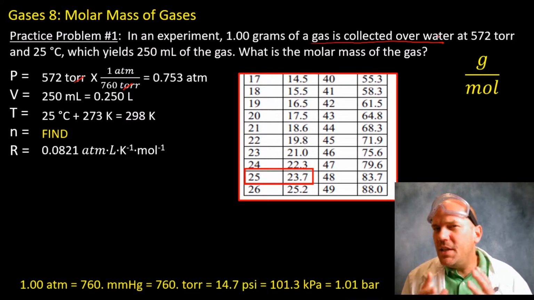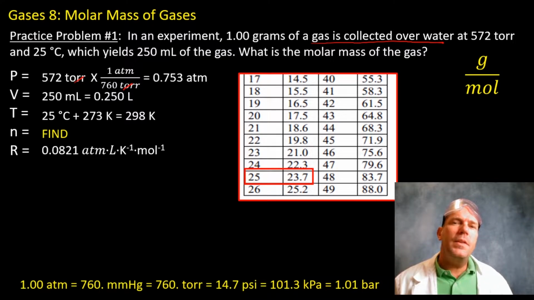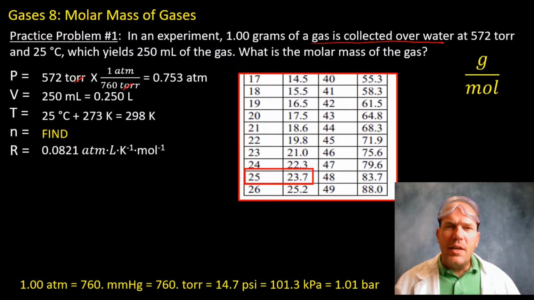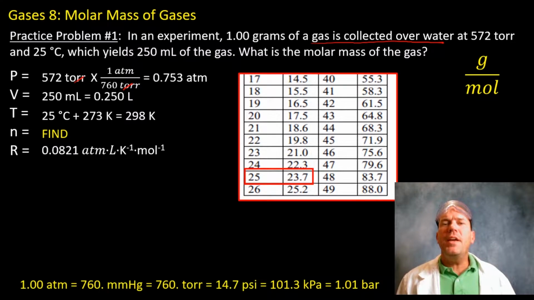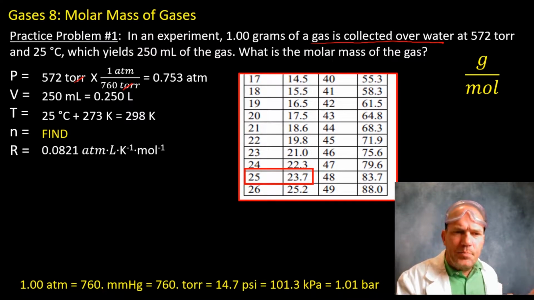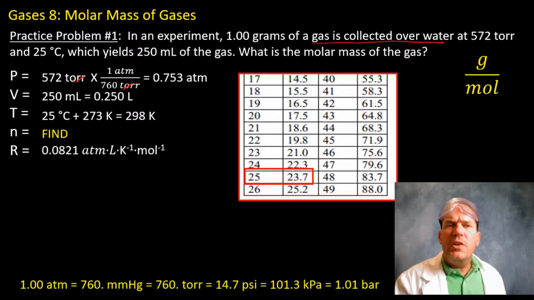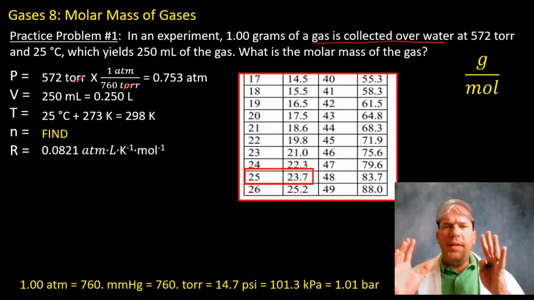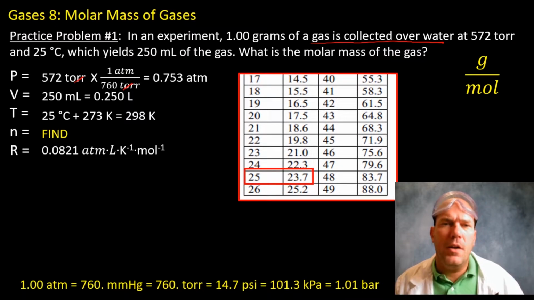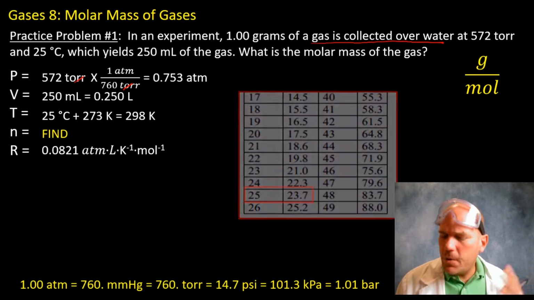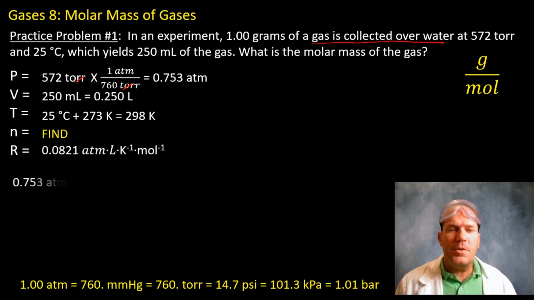That means we're going to need to compensate for the vapor pressure exerted by water and include that in our calculation so that we can ultimately get the pressure exerted only by the gas of interest. All right? So in other words, we're going to subtract out that vapor pressure.